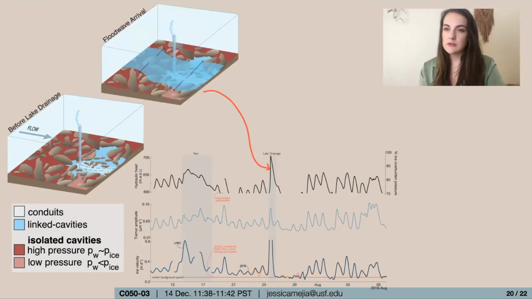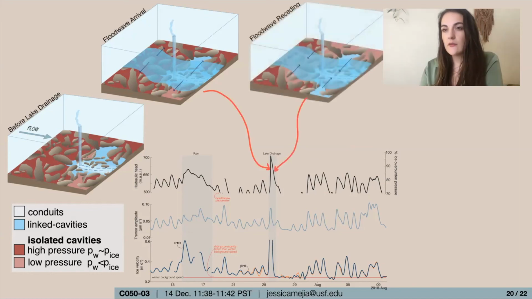As the subglacial flood wave approached our site, the most efficient parts of our drainage system were quickly overwhelmed. This drove water out into the distributed drainage system, and high pressures and fast sliding speeds combined to connect isolated cavities.